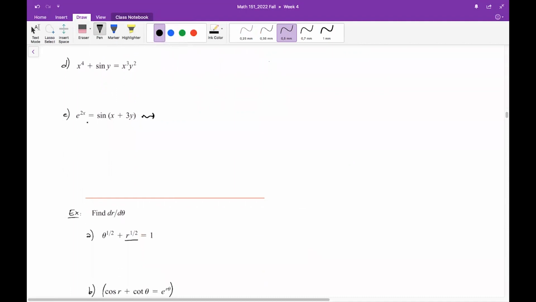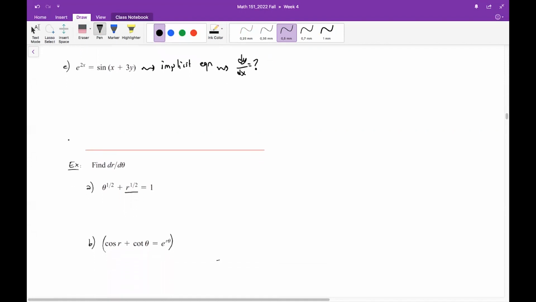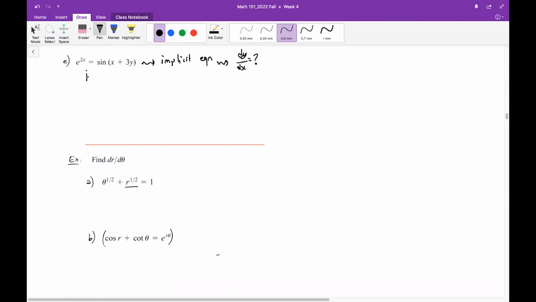Obviously, you cannot solve for y from this equation. That's why we will treat this as an implicit equation, and let's try to find dy over dx by using implicit differentiation. Differentiation, meaning that we start by taking the x derivative of both sides.